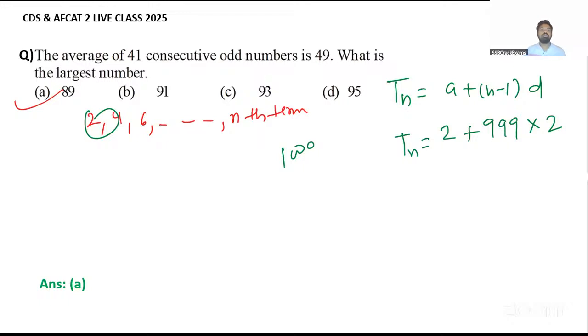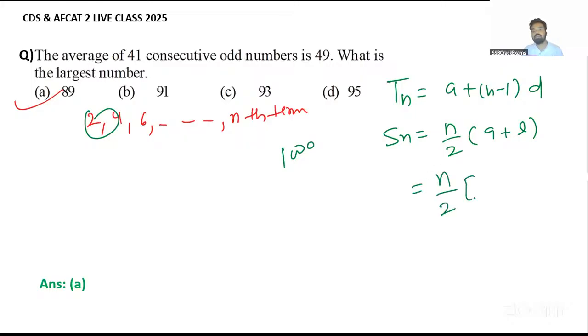Now, when you have the 1000th term, suppose you want to find the sum of all those terms. In that situation, we have another formula: Sn is equal to n by 2 into a plus l, where l is the last term, say the 1000th term. And this last term is given by a plus n minus 1 into d, so the formula becomes n by 2 into 2a plus n minus 1 into d.